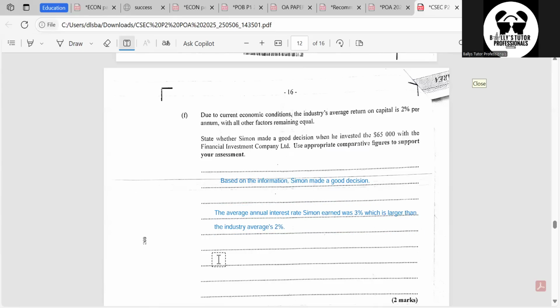So that alone should be enough to get 2 marks, because I said he made a good decision, and I gave one reason why.